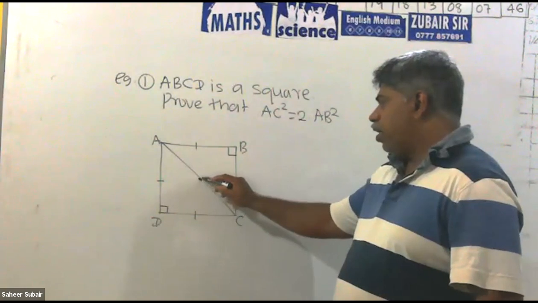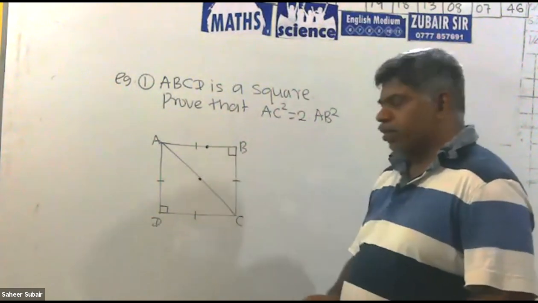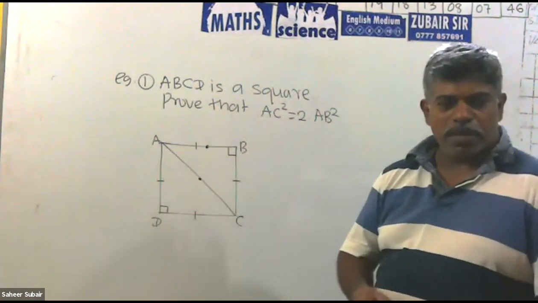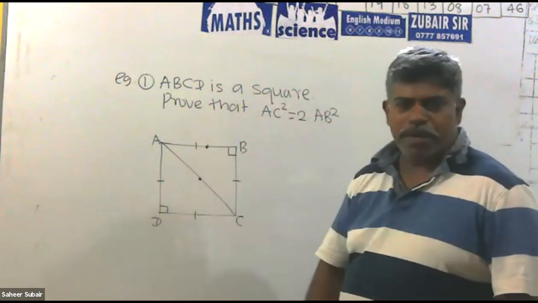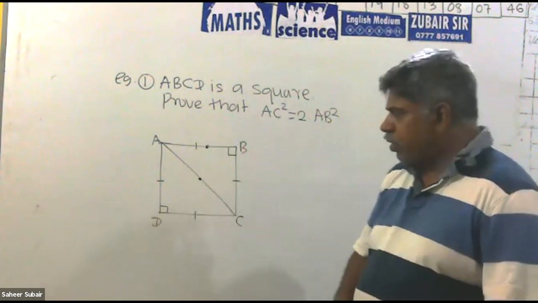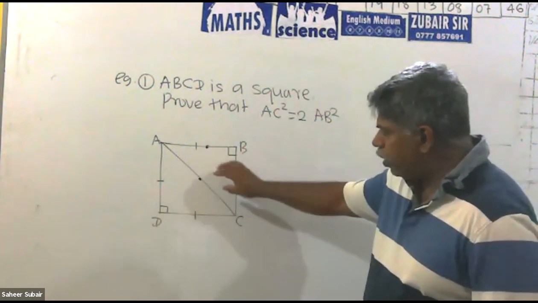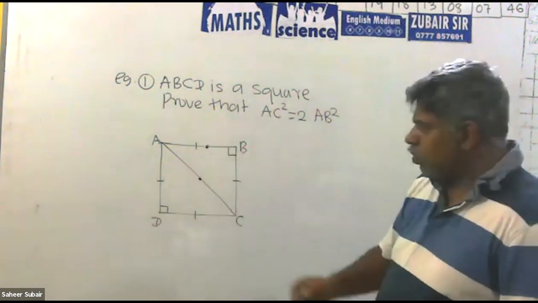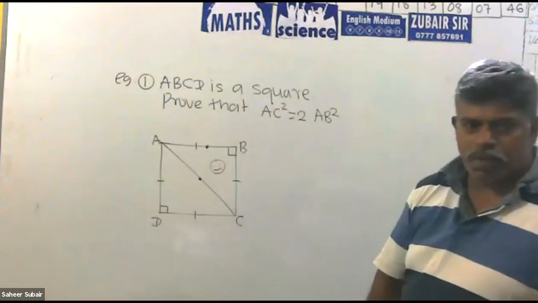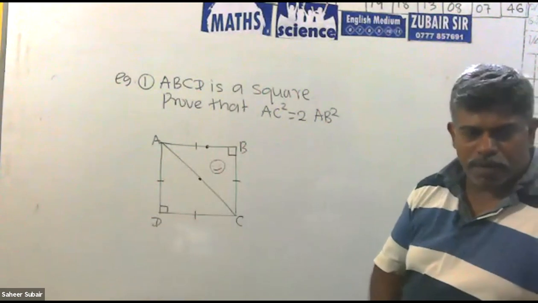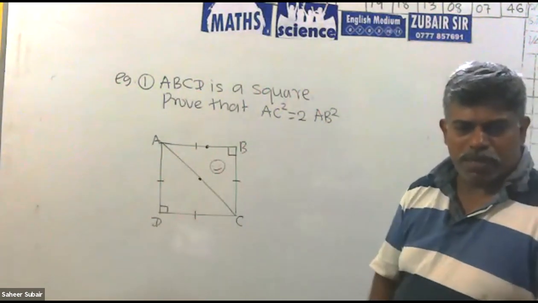Then AC, AB, these two sides only connected. Then see, these two sides appear in this triangle. So we'll take this triangle and apply Pythagoras theorem.